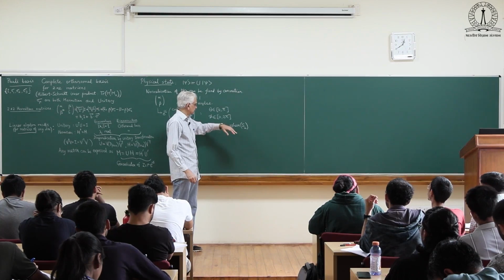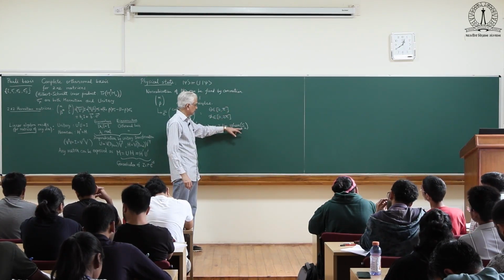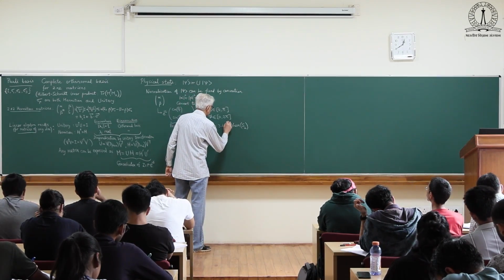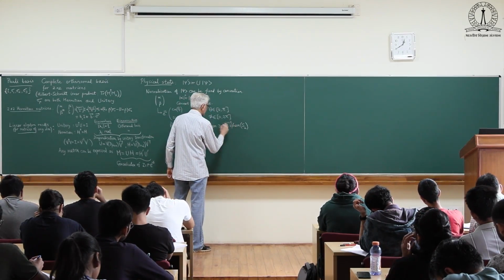The 2 refers to the number of parameters of the sphere. This is a unit sphere. Magnitude is 1.